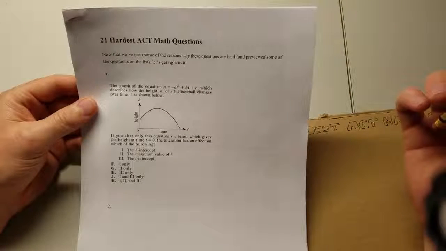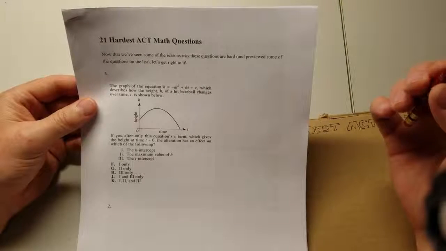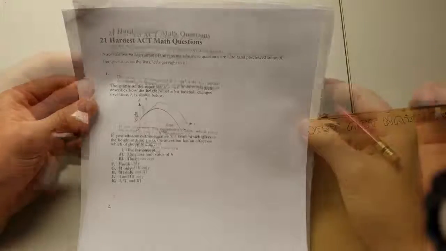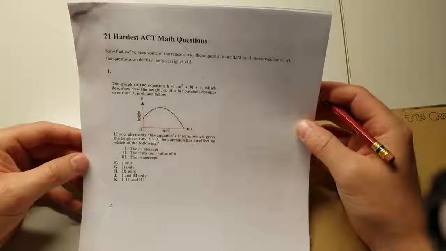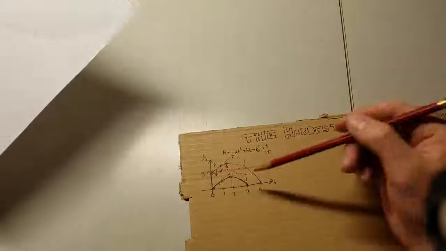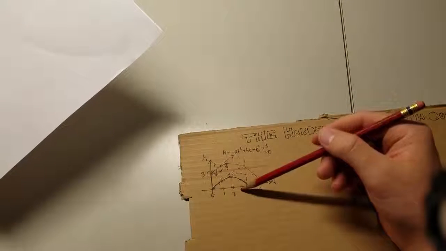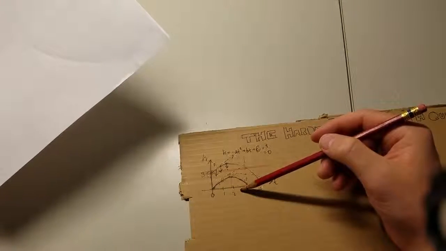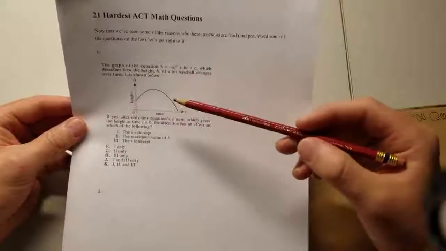So let's begin the 21 hardest ACT math questions. When explaining things, it can get a little bit tedious and time-consuming. And this is the aftermath of about 20 minutes of me trying to explain this first problem.